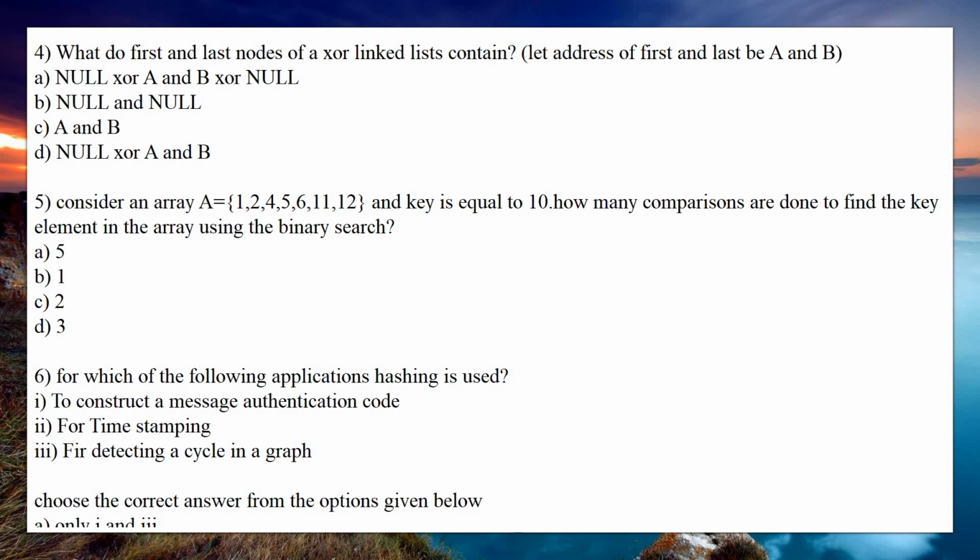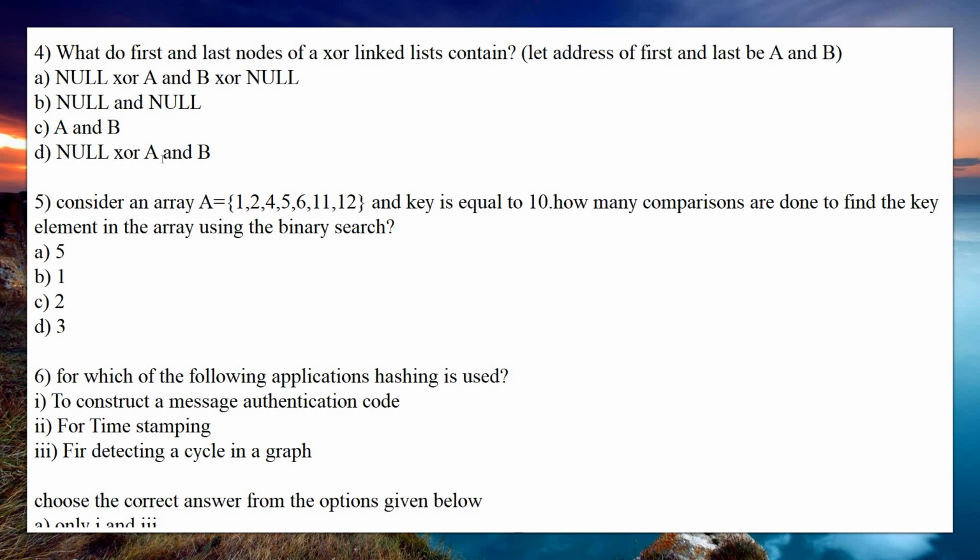Option C is A and B. It cannot contain A and B, because if you have not inserted the elements into the list, they have just told that there is an address in the first and the last node, that is A and B, and you have not inserted any value, then initially it will store null.